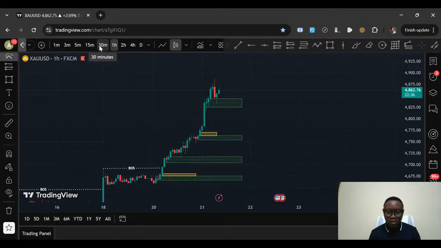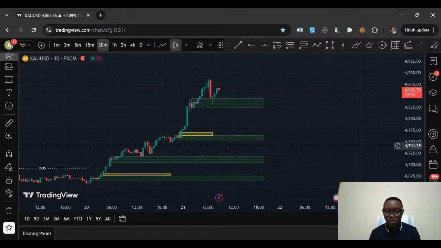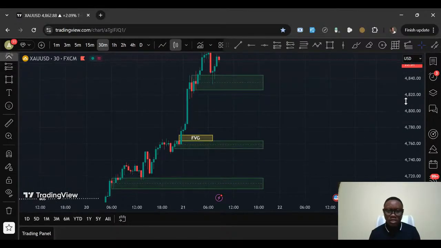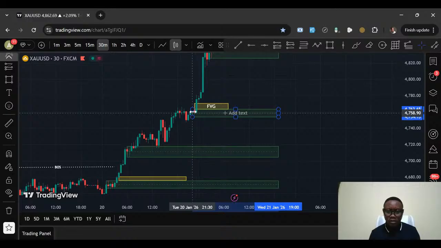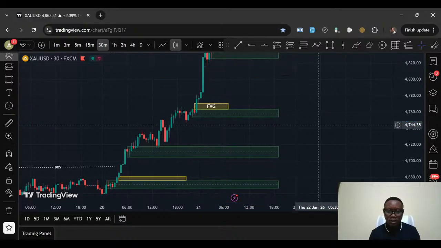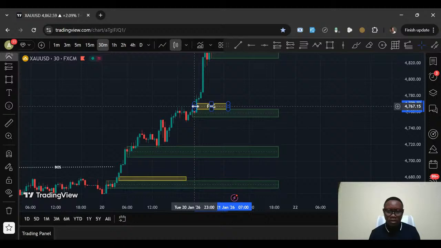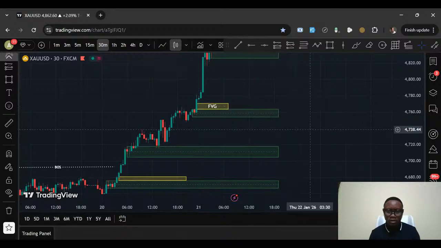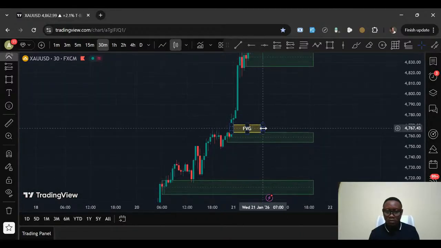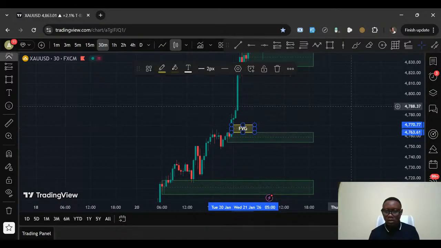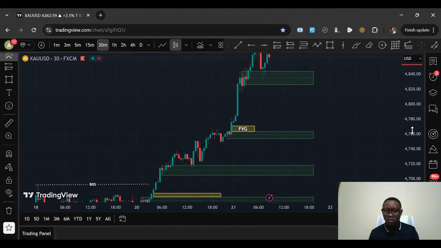Let's go to the 30-minute time frame to further refine our zone. So on the 30-minute time frame, we still have this guy right here, this guy, and this. Let's put it here like this, and it looks a little bit attractive.